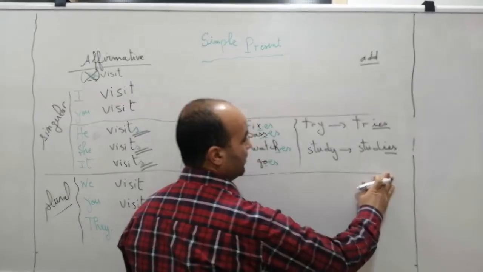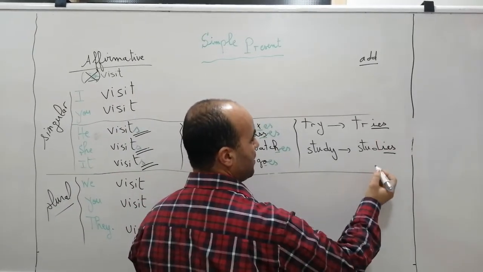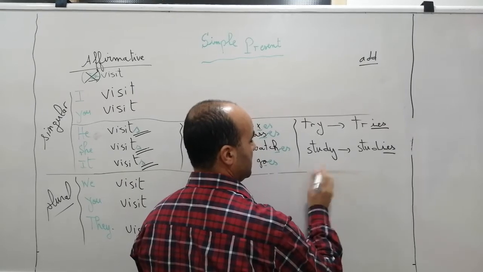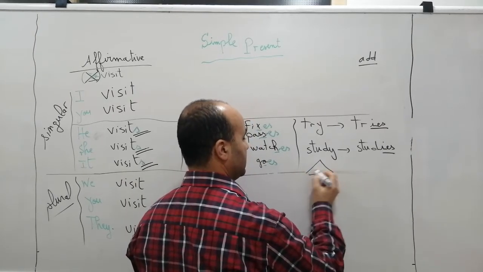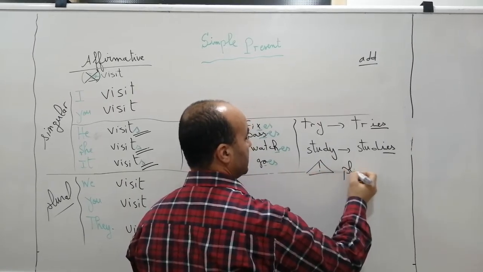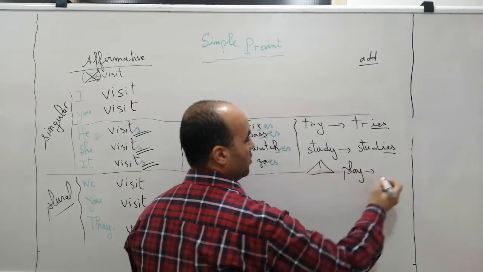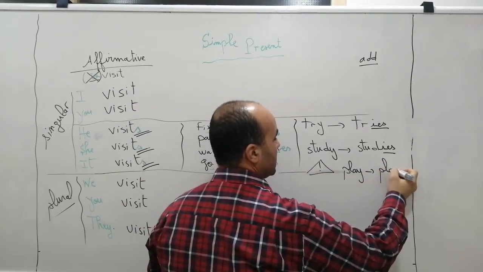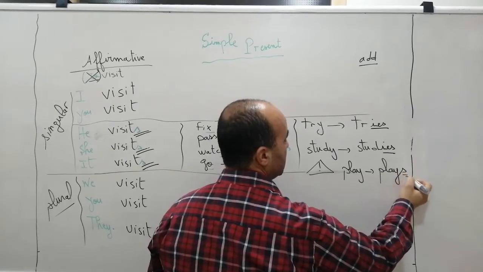But look for example, an exception. The verb to play. We say he, she, it plays.